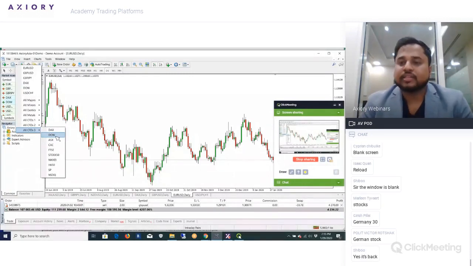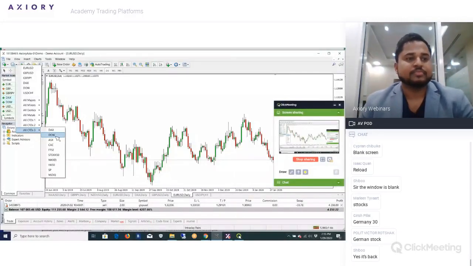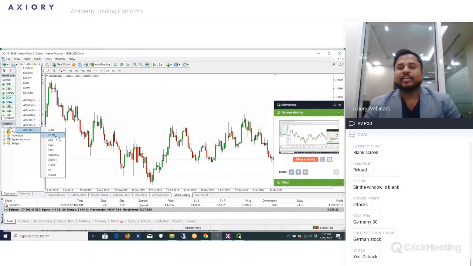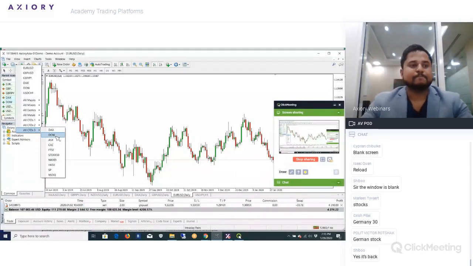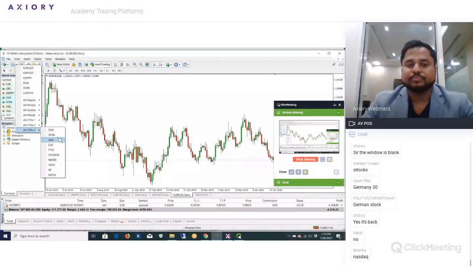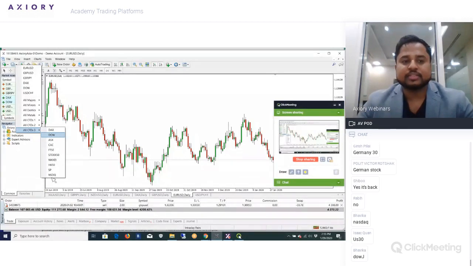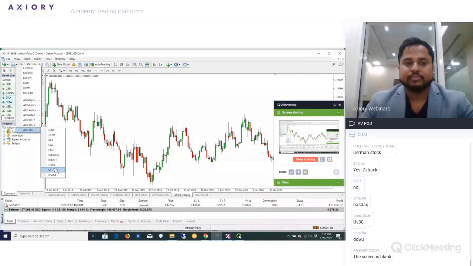You know what the three indices of the US market are? There are three main indices of the US, which are followed across the globe. One is Dow Jones. Next is the Nasdaq. Then comes S&P, Standard and Poor.